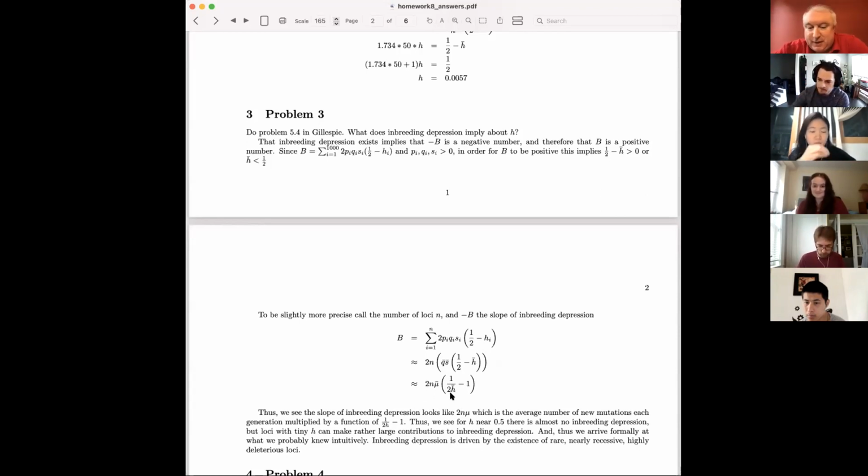The more recessive they get, the more inbreeding depression looks dramatic. And that should be your intuition. That is, the strength of inbreeding depression is proportional to the number of loci that contribute times how recessive they are, 1 over H.